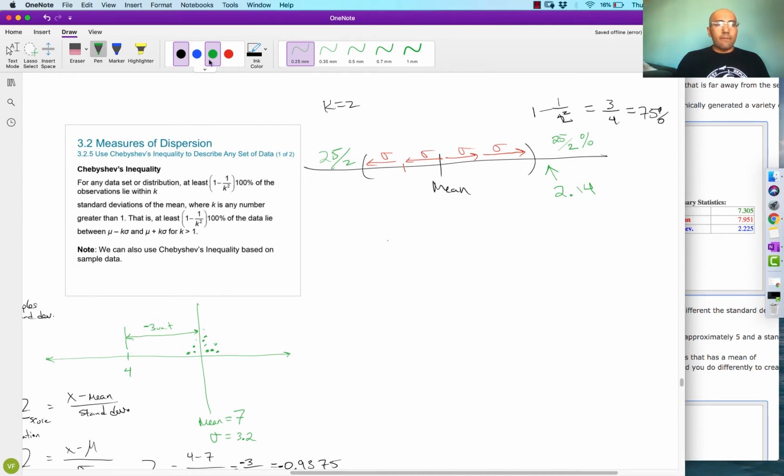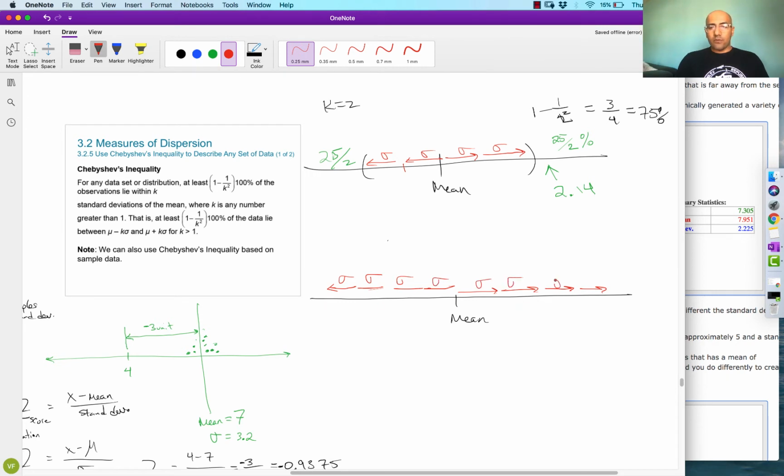Good. And if it was a different value, like let's say k equals 4, so here is the mean, and then I want to go 4 standard deviations, 1, 2, 3, 4 standard deviations that way, and 1, 2, 3, 4 standard deviations this way. 1 multiple of sigma, 2, 3, 4 multiples of sigma to the left, and to the right.